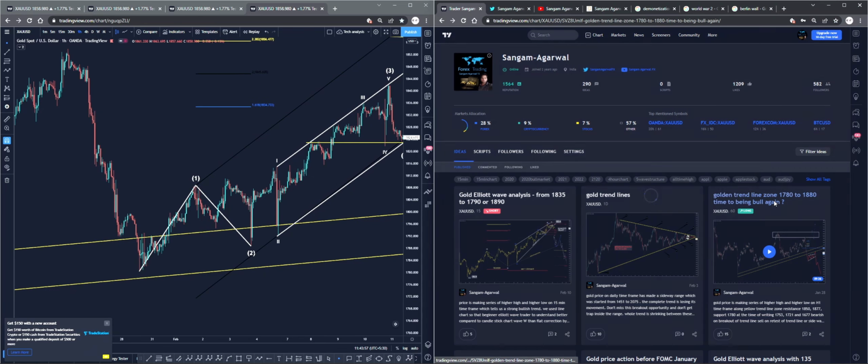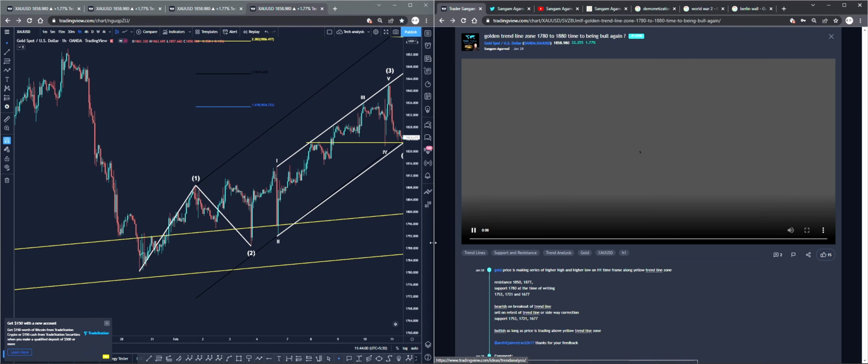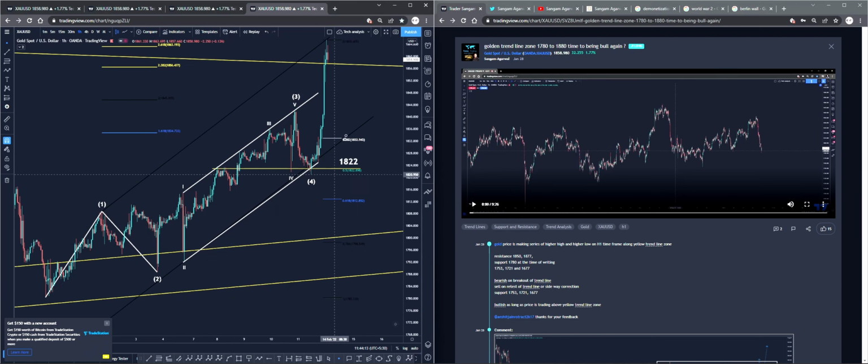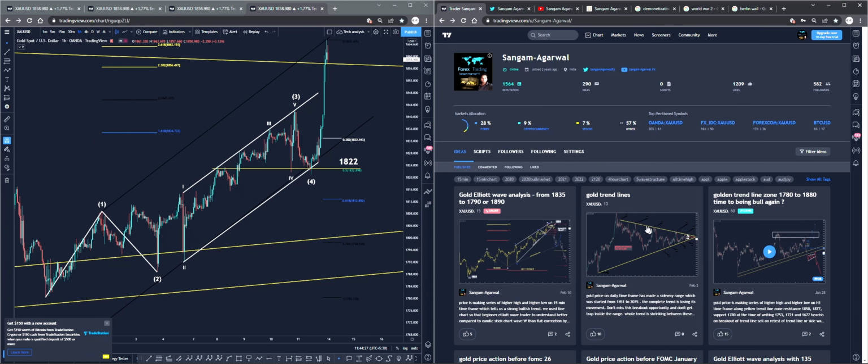This was our trade plan which we shared on TradingView on 28 January, and we explained how to take entry on this trendline zone, and our first TP was 1817. Then we shared this trendline on the daily time frame, so you can take entry on intraday.